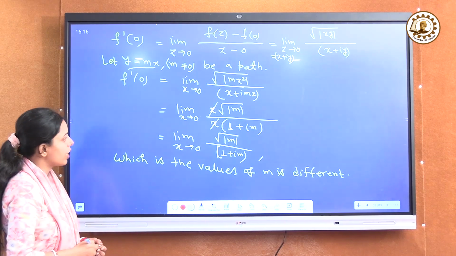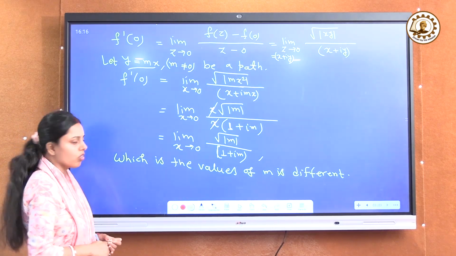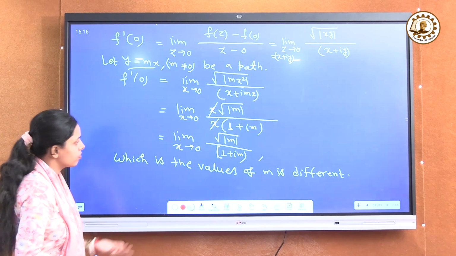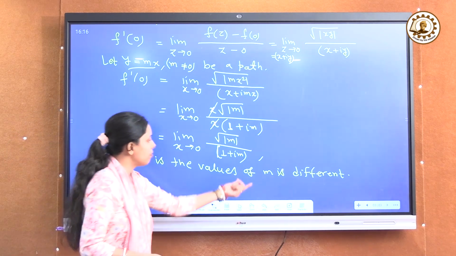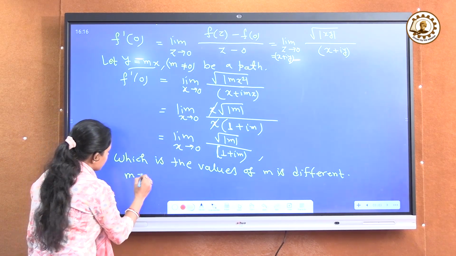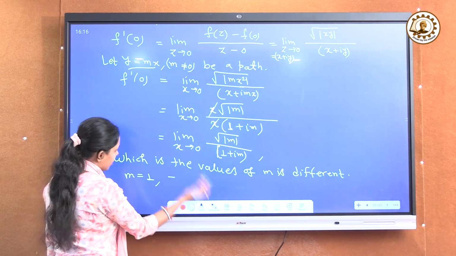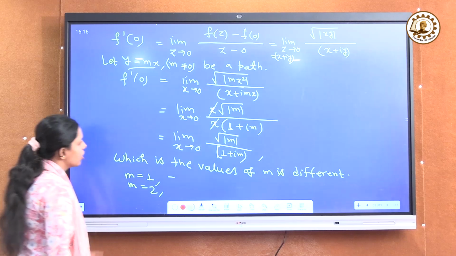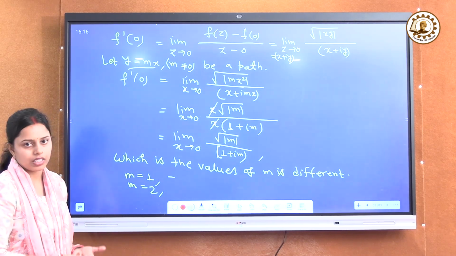The limit exists only if the value is unique. Here we cannot get a unique value, because if we take m equal to 1 we get one result, and if m is equal to 2 we get another result, so we cannot get uniqueness.